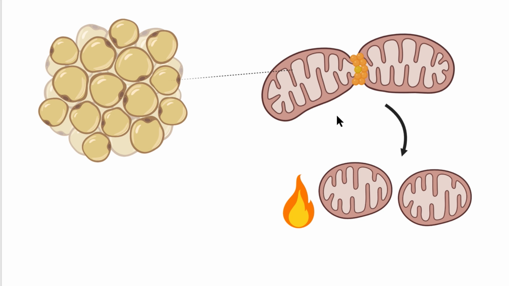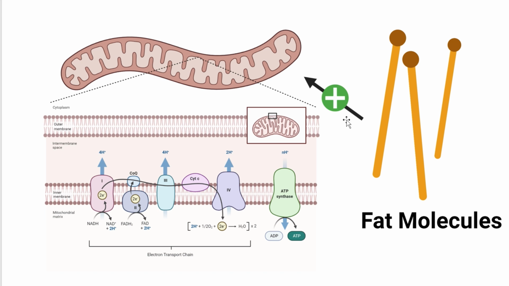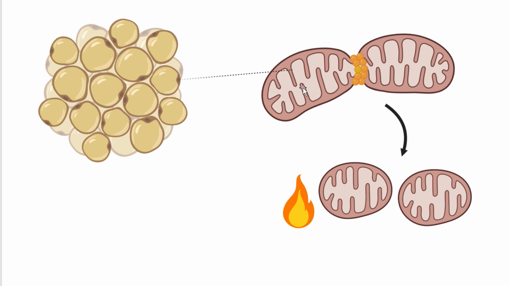Because technically, the brown fat cells do want to increase fat burning, but they don't want to do it in the same way as what we described here. So here we've got an increase in fat consumption, which leads to the elongation of mitochondria. And here, we're not necessarily interested because of the increase in fat consumption.